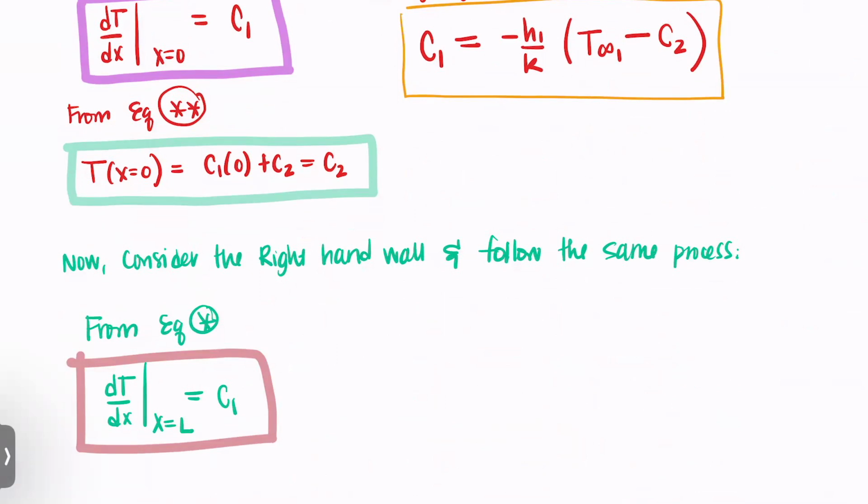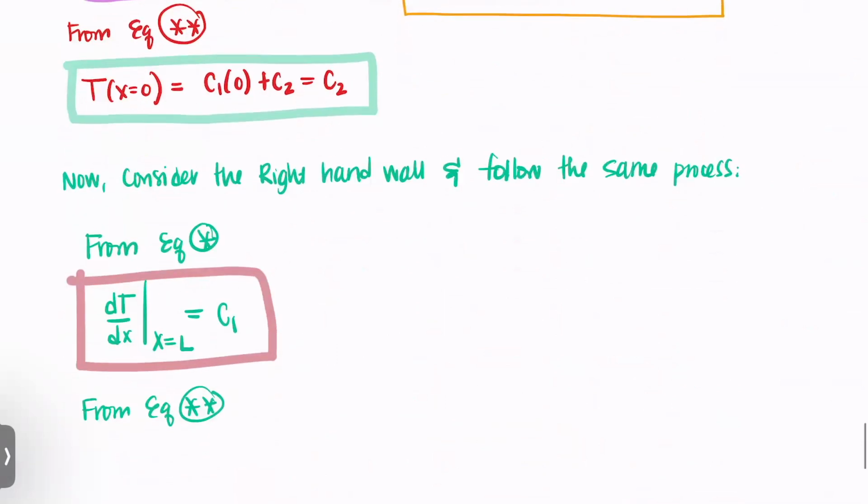Then we also need to use equation 2 star again, so we want to find T at x equals L. Equation 2 star says that C1 times x plus C2 is T. So we have C1 times L plus C2. That is the light blue box stuff.